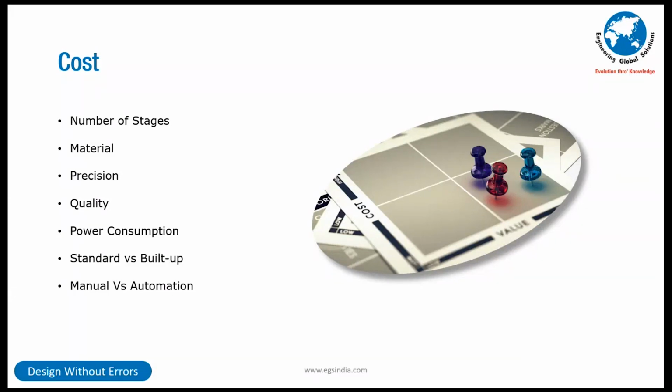Next one is material. One of the DFM gurus says, as much as possible, keep the variability of materials to the minimum. Why? For every material, you need to have 2 or 3 suppliers at least. Let us say you are dealing with 10 different types of steels, you probably have 3 into 10, 30 vendors, which means you are adding more risk for the same material across many materials for the same supplier.